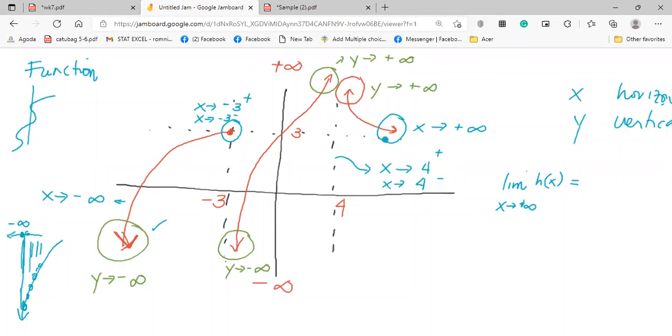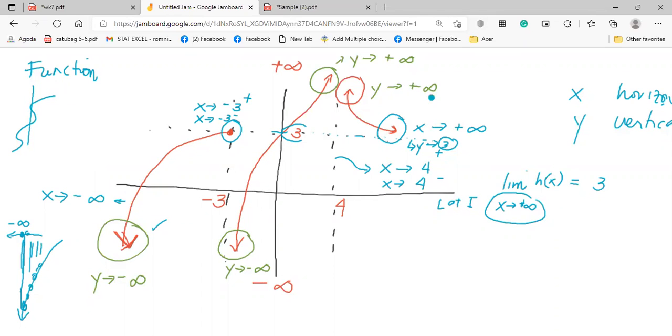The value of y here, 3, serves as the horizontal asymptote. Ibig sabihin, nalilimitahan lang ang y hanggang 3. Habang nilalakihan mo ang values ng x, ang y ay tuloy-tuloy lang sa paglapit sa 3. The answer here is 3. So is it infinite limits or limits at infinity? Tingnan mo yung x. This is limits at infinity.